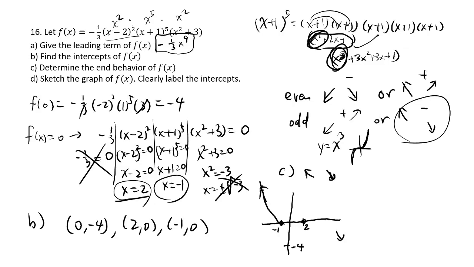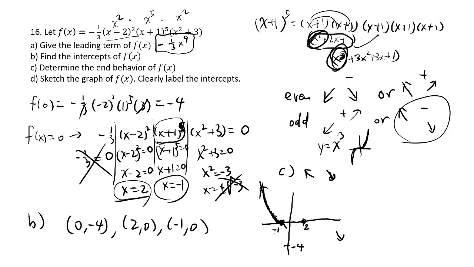Okay. So for x equal to negative 1, the responsible factor is x plus 1 to the 5th power, right? And since 5 is odd, it will pass through. So it passes through, and because it's some odd number bigger than 1, it kind of touches.